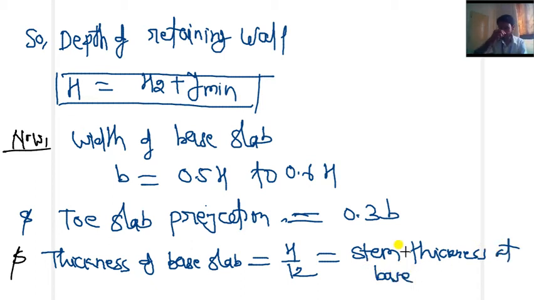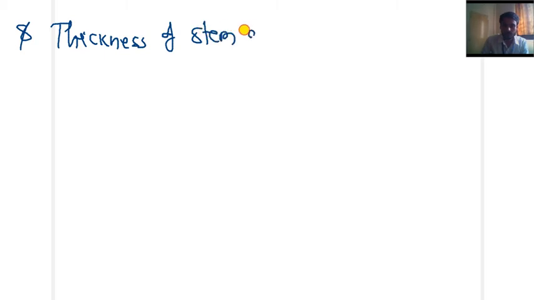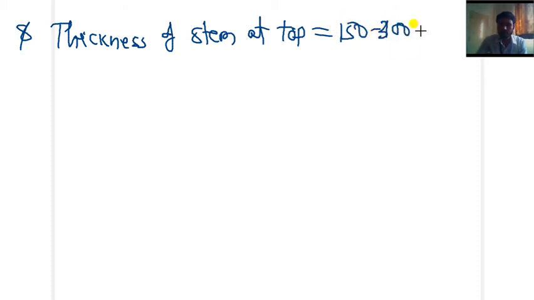The thickness of the stem at the base and the thickness of the base slab will be equal, and that will be equal to H by 12. And the thickness of the stem at the top will be equal to 150 to 300 mm.